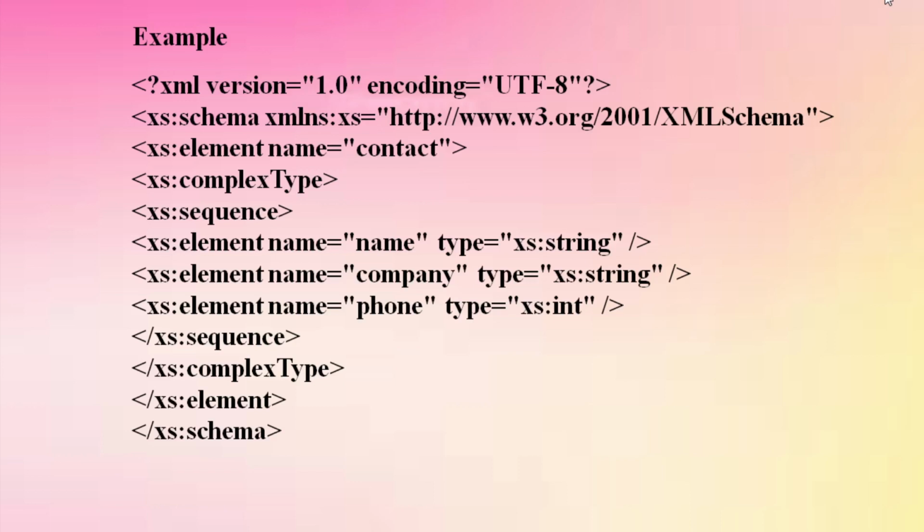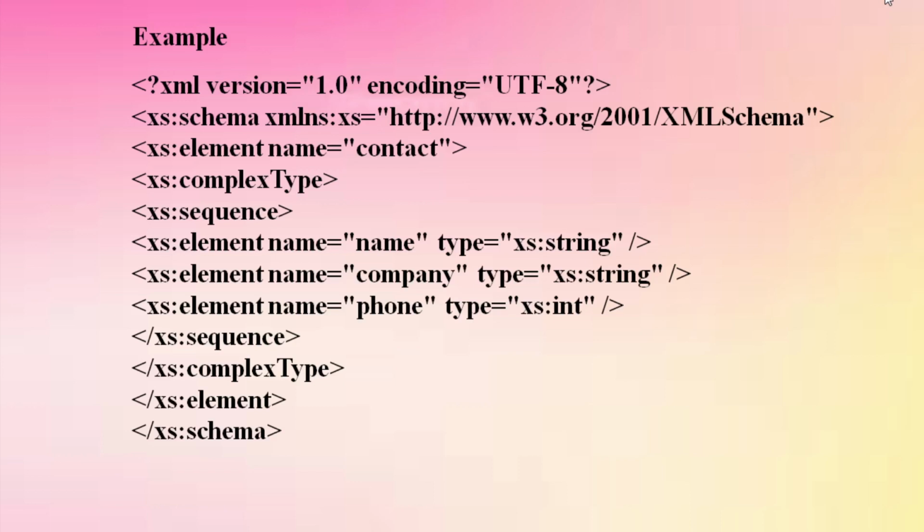It defines the element called contact. xs:complexType. The contact element is a complex type, and the next one is xs:sequence. The complex type is a sequence of elements.